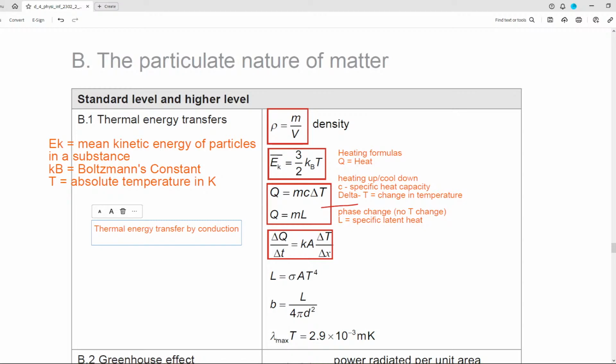The first one is actually just power, the transfer power, or transfer rate, equal to the formula. K here, not Boltzmann's constant, that's Kb, K here is thermal conductivity.